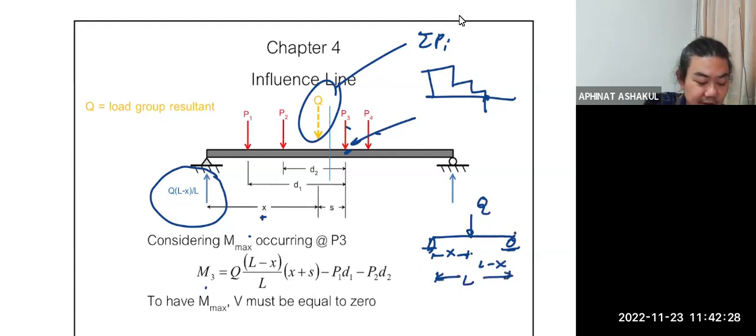Take moment at B to find RA. This becomes L minus X multiplied by Q divided by L. That's your RA. So here essentially is RA.